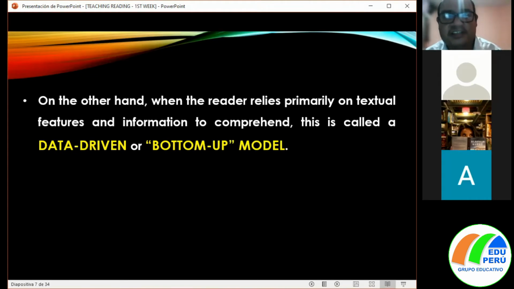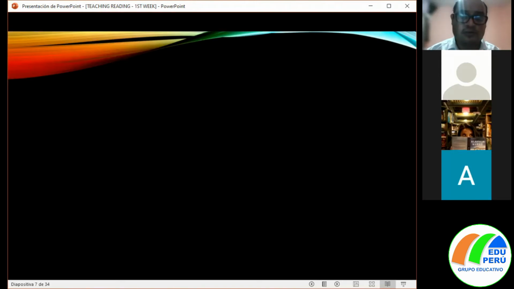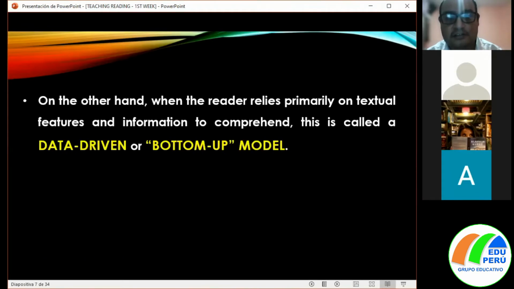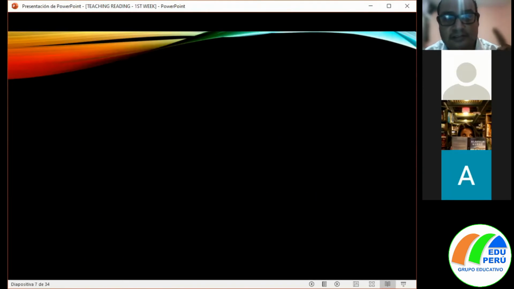The most important is the text, if you comprehend the text, the textual features, the information given to comprehend. So don't forget about the names. The first one is top-down, because we're going to use these words a lot in this session. Top-down and bottom-up. Remember, top-down, bottom-up.